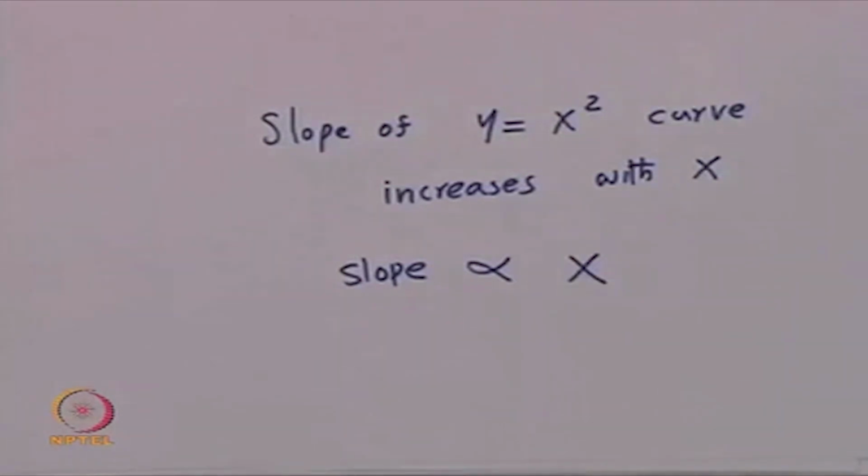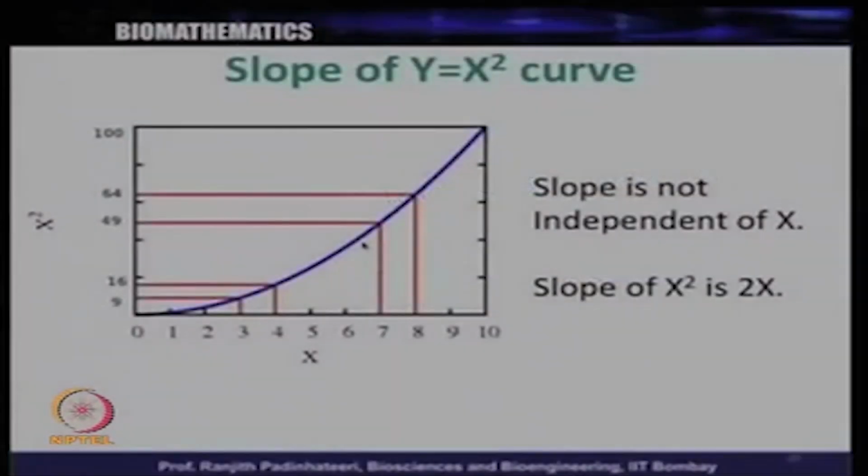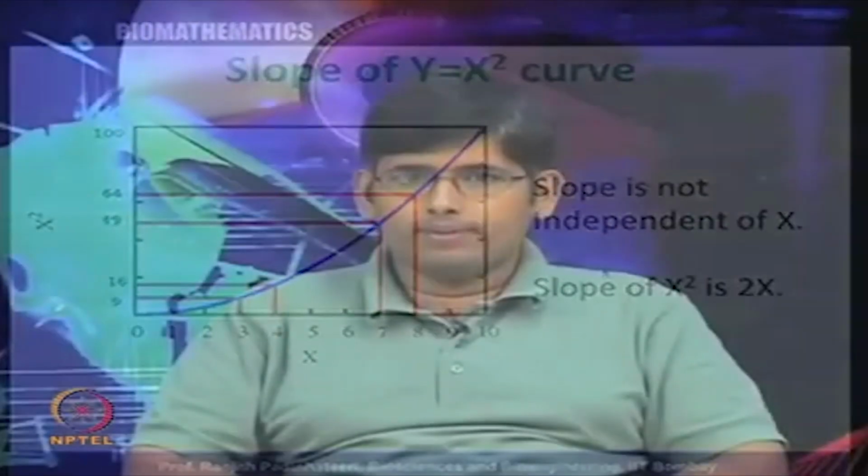That means the derivative of y equal to x square is proportional to x. It turns out that the slope of x square is 2x. In other words, the derivative of x square is 2x. We will see what this means in the next class. But at this point, just understand that the slope here is not independent of x, it depends on the value of x, unlike y equal to x and y equal to 2x.